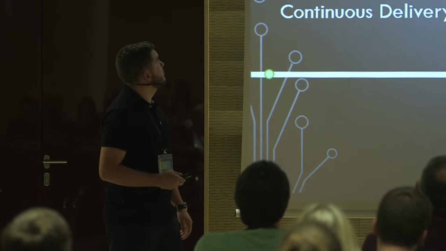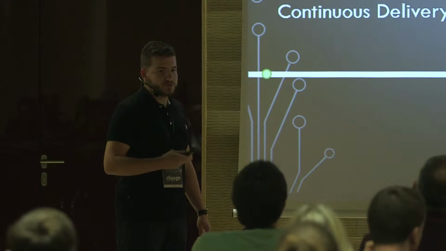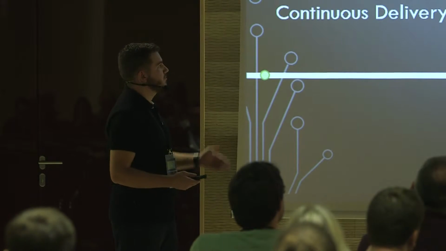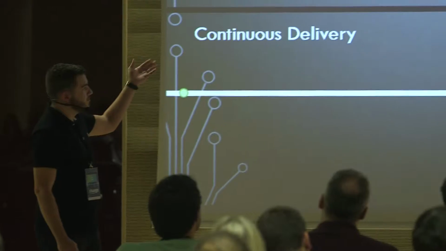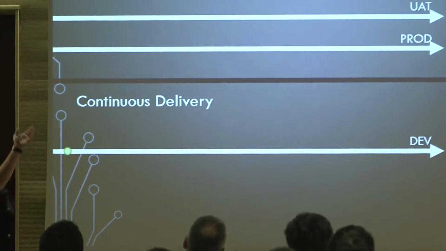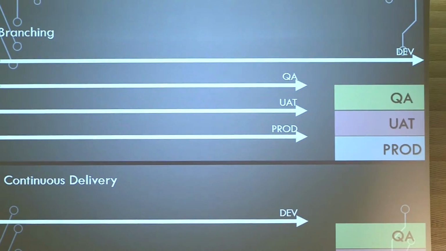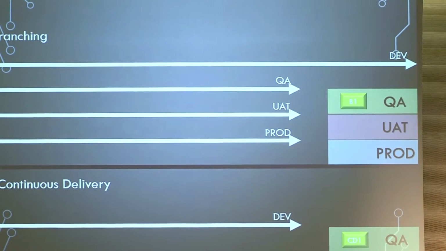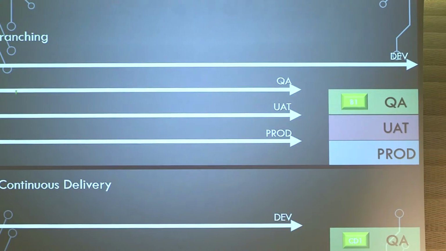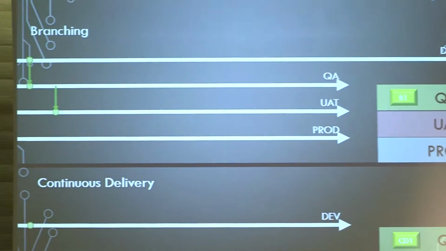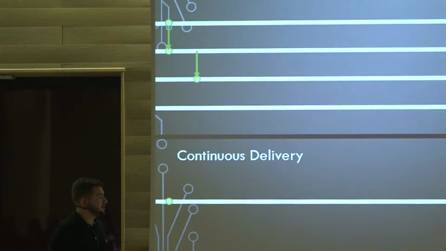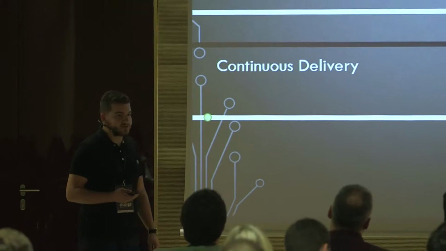With branching, if we have 3 branches, first we need to merge to the QA branch, and after that deliver to the QA stage. After that, merge to the UAT branch and deliver to the UAT stage.